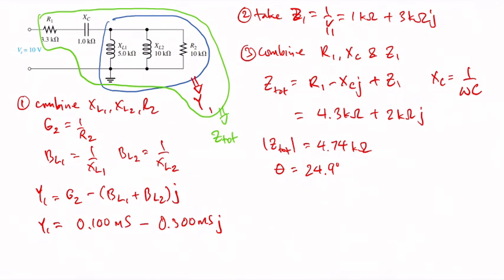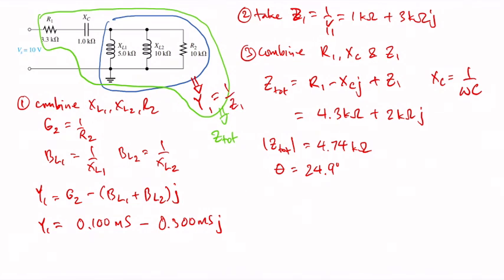Now in this case, we won't draw the phasor diagram, but instead, let's try to solve for the values of the voltages across each circuit element and the currents across each circuit element. We know that R1 and XC are in series, and that is also in series with Z1, which is the reciprocal of Y1.